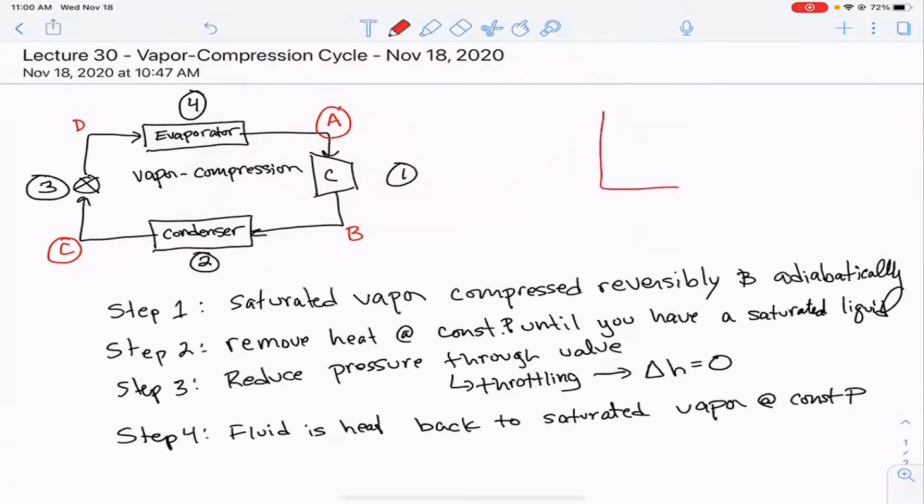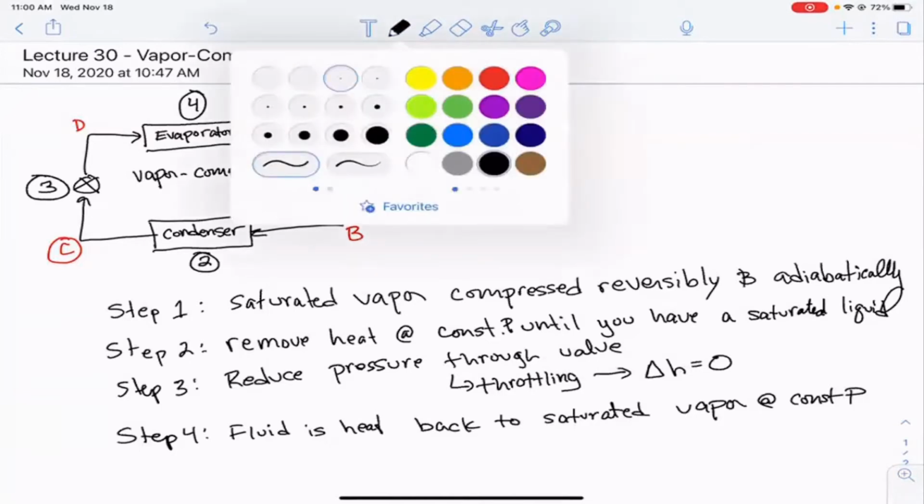Because if you remember in the TS diagram, we had this phase change. So we know that we're going to be on this phase change line twice. But that begs the question of, is the TS diagram the most useful diagram that we could possibly have?